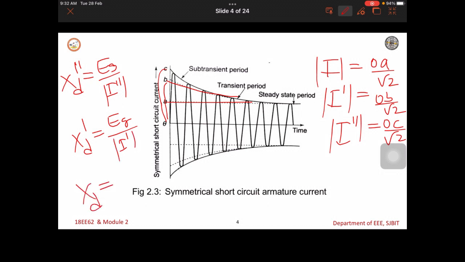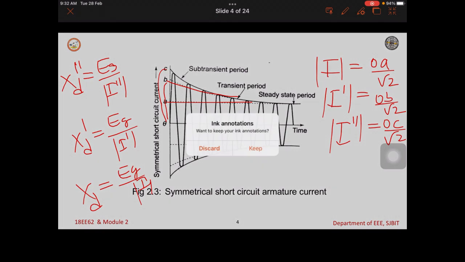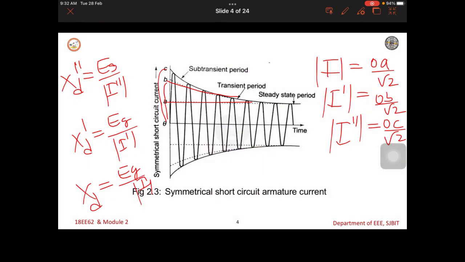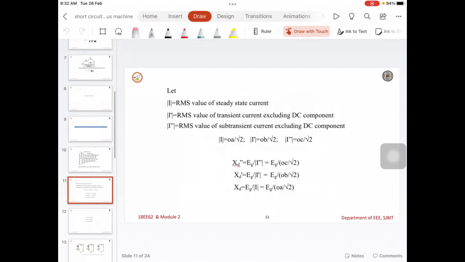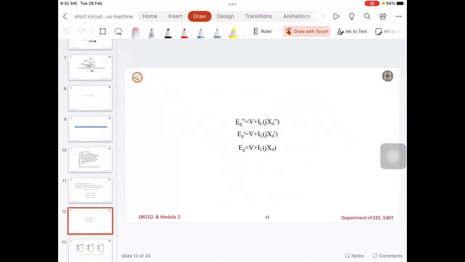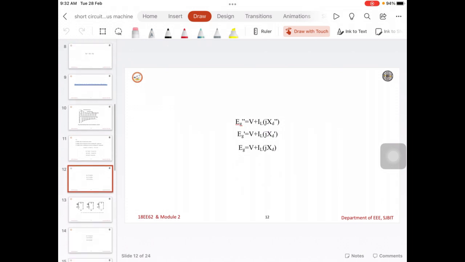The steady state reactance is Eg by I. This is how we can find the expressions for the subtransient, transient and steady state reactance values.